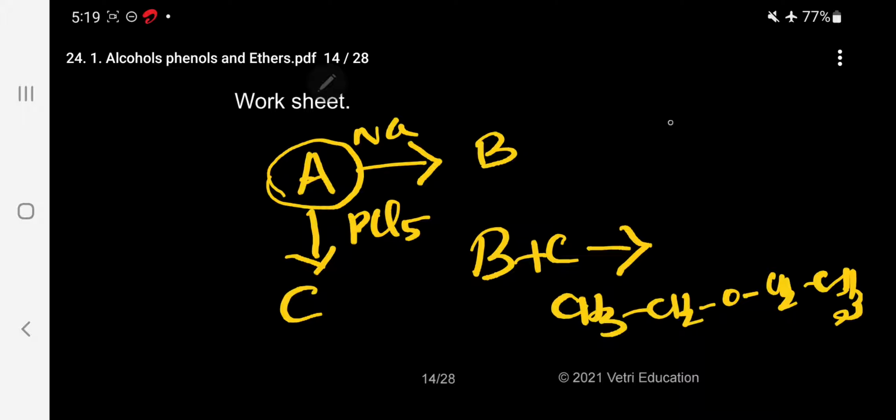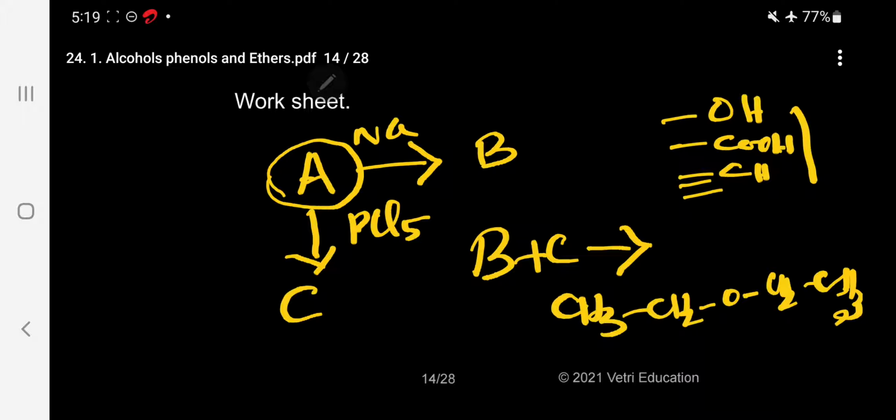What are the acidic compounds? Alcohol, phenol, acid, and even a terminal alkyne, the H on the triple bond. These compounds will react with sodium from the organic point of view. So it should be any one of these.